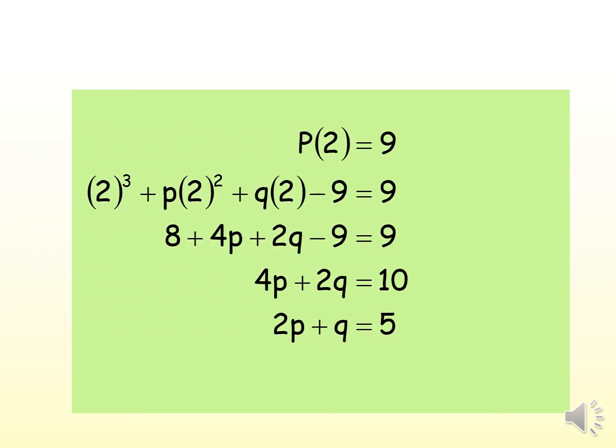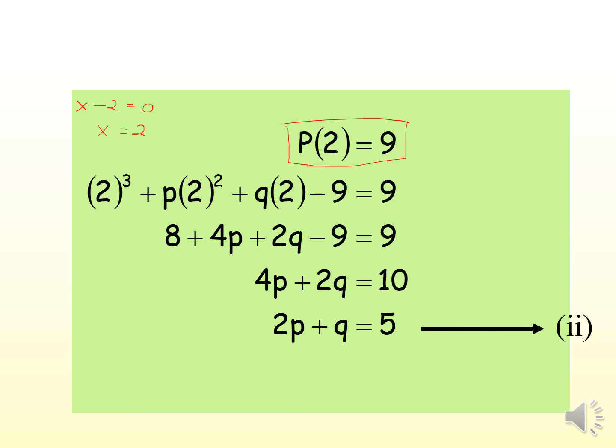From the question, when P(x) is divided by x minus 2, the remainder equals 9. By using the remainder theorem, x minus 2 equals 0, so x equals 2. P(2) equals 9.